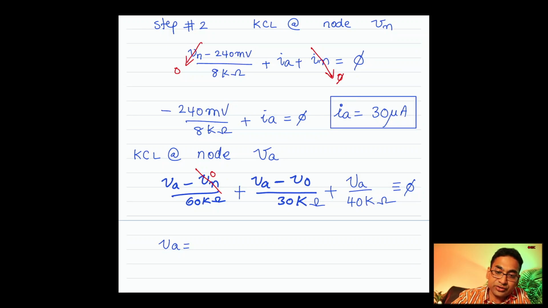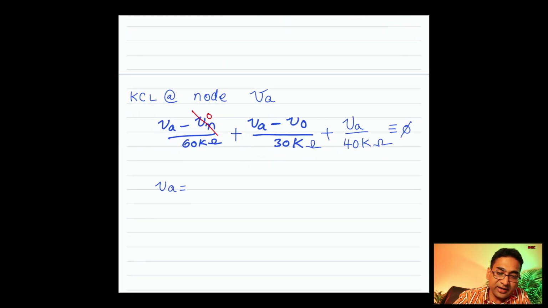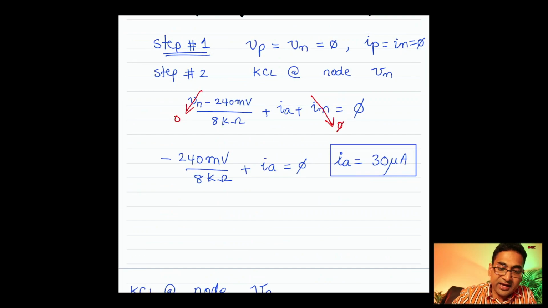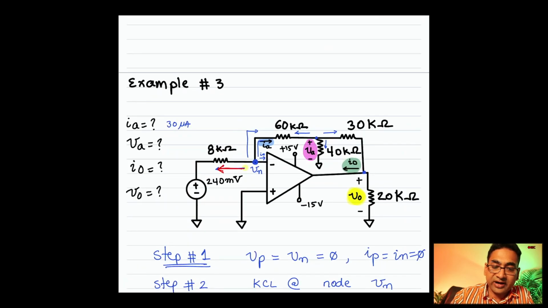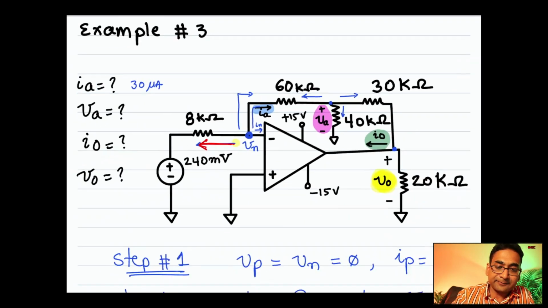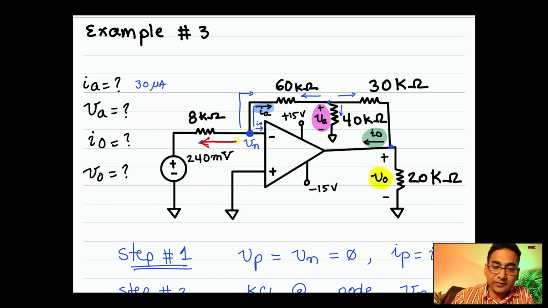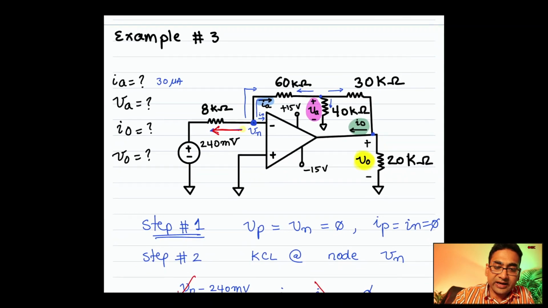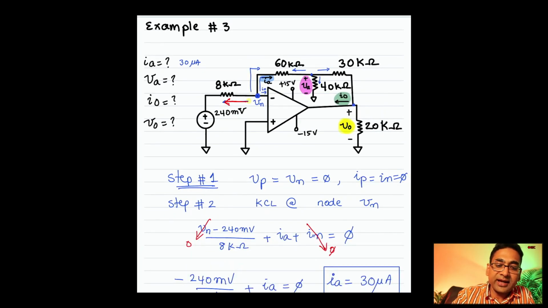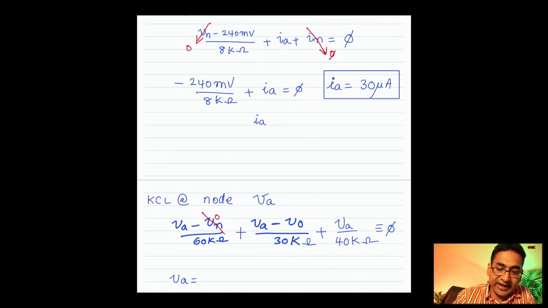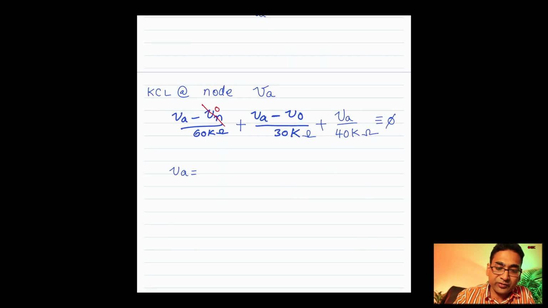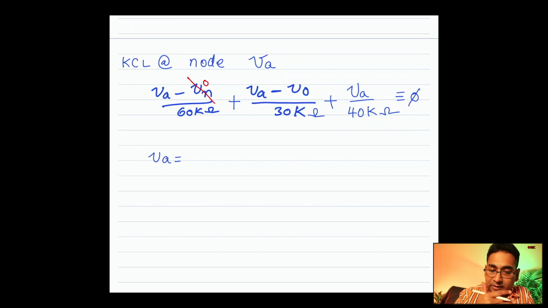Let's park this to one side because it's easier to calculate VA first. So I have the value for IA, and then we can apply KCL at node VA.